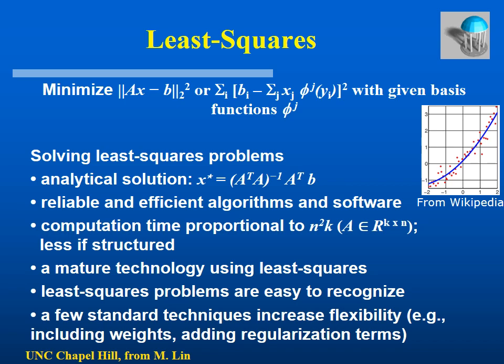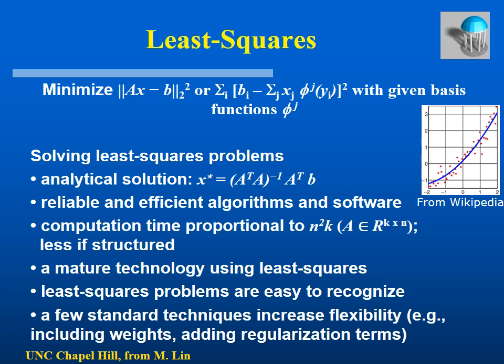And so any particular quadratic in y is a times 1 plus b times y plus c times y squared. That is to say, we have to find the values a, b, and c that are best.